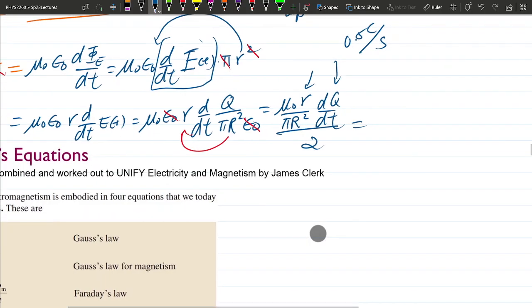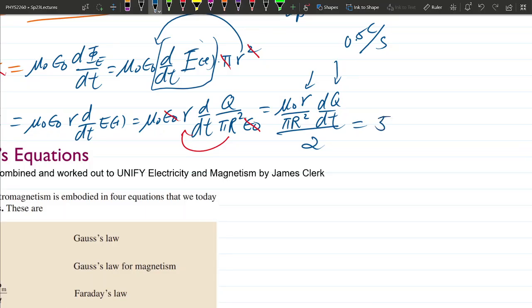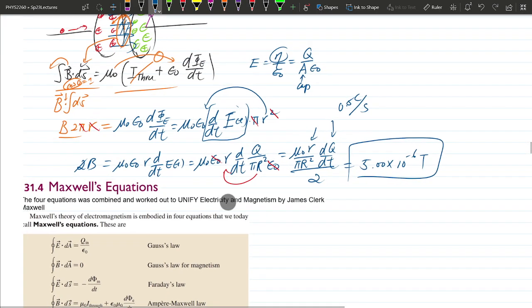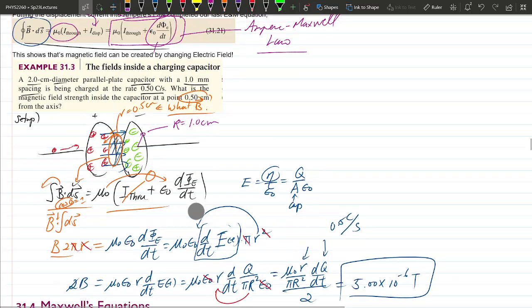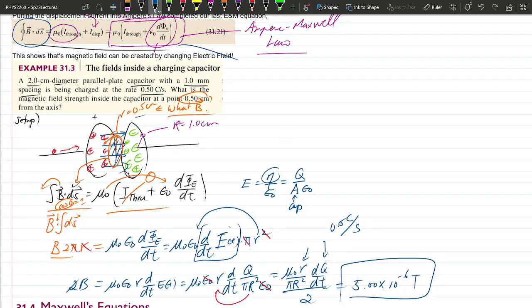So the magnetic field is going to be 5.00 times 10 to the negative 6, and since we use SI units, it should come out in Tesla. This is a complicated way to figure out how to use this modified version of Ampere's law.